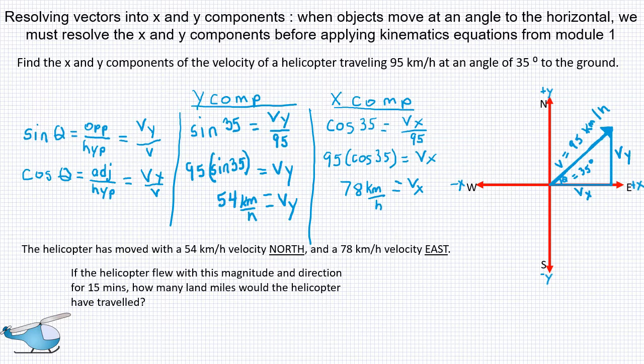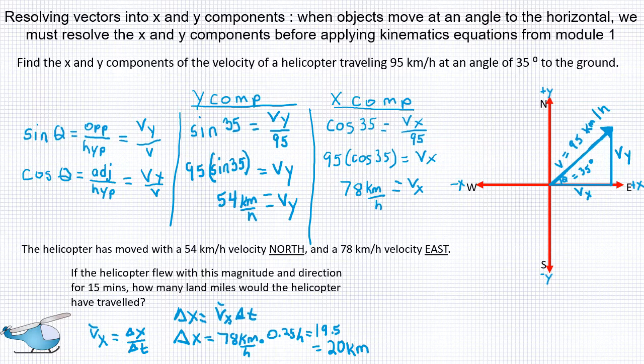If the helicopter flew with this magnitude and direction for 15 minutes, how many land miles would the helicopter have traveled? Land miles equals distance in the x direction. Remember the formula that relates velocity, distance, and time: the average velocity is equal to delta x over delta t. So we're going to solve for delta x.